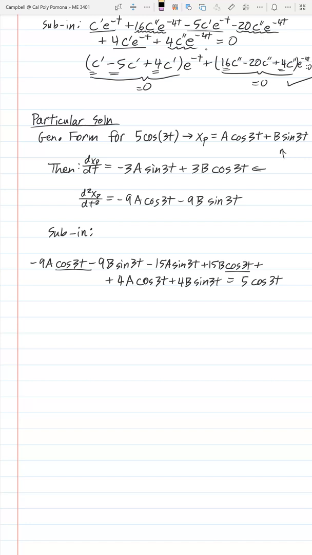We're just dealing with sines and cosines with no other underlying interpretation. And so because of that, here we're just going to group our sines and cosines and the coefficients associated with them.